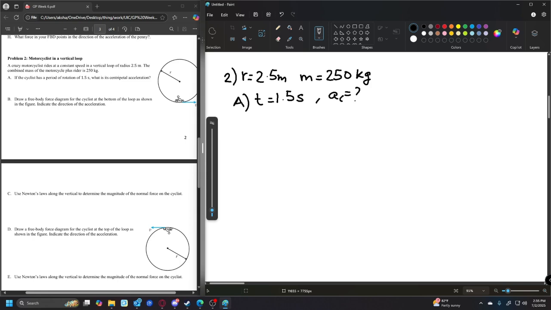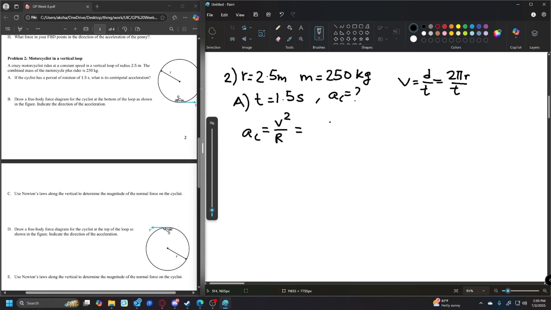So the centripetal acceleration can be found using the same formula we used before, which is v squared over r. Velocity is distance over time. To complete an entire revolution of this loop, the distance traveled would have to be 2 pi r, that's the circumference, divided by the time.